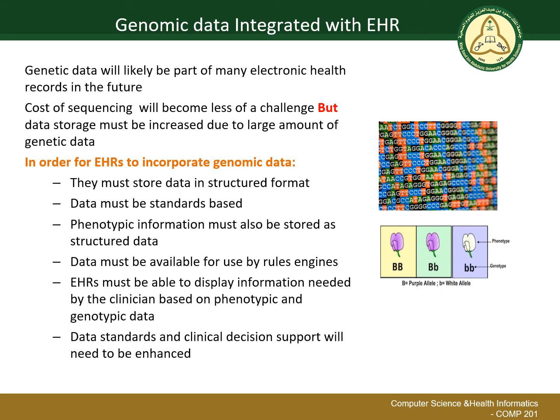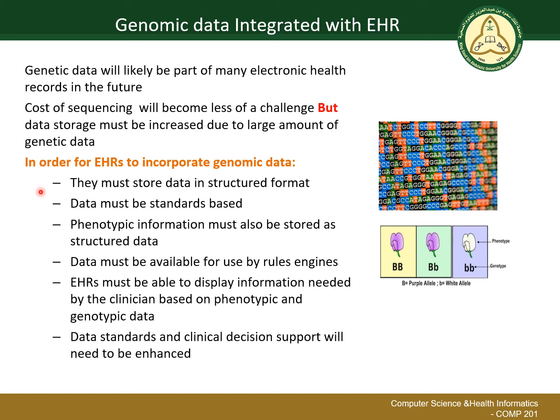So how can we integrate the genomic data with the electronic health record of the patient? As genetic data will likely be part of many electronic health records in the future, the cost of sequencing will become less of a challenge, but the data storage must be increased due to the large amount of genetic data.